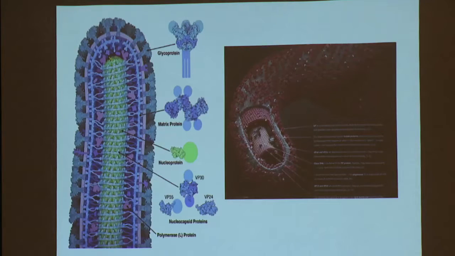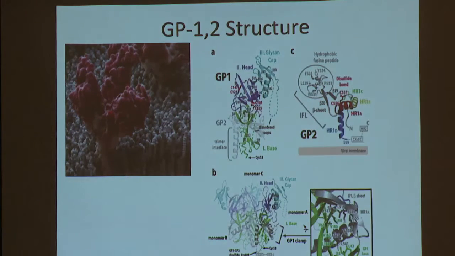So what your antibodies do when they are successful is they bind to the exposed part of the glycoprotein, and they block that protein from its contact with the human cell.